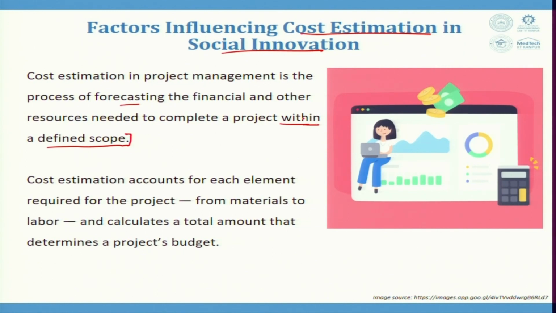The scope is the time frame within which the product is to be completed, the budget within which the project is to be completed, and the area where you are working. Everything comes under scope. Cost estimation accounts for each element required for the project, from materials to labor, and calculates a total amount that determines the project's budget.